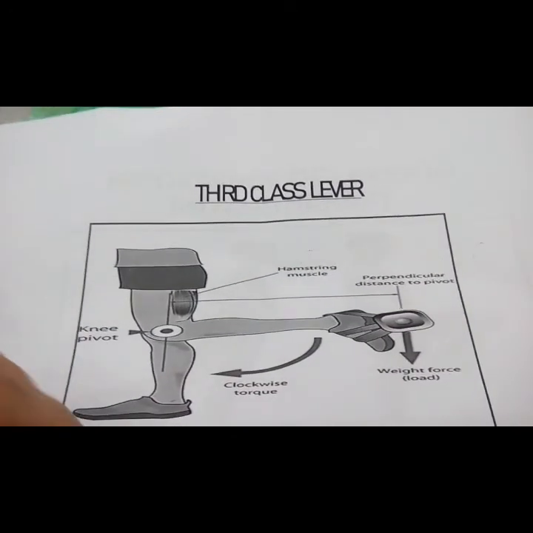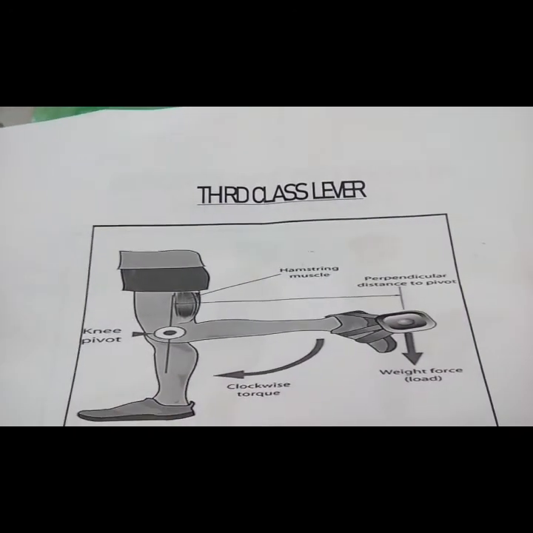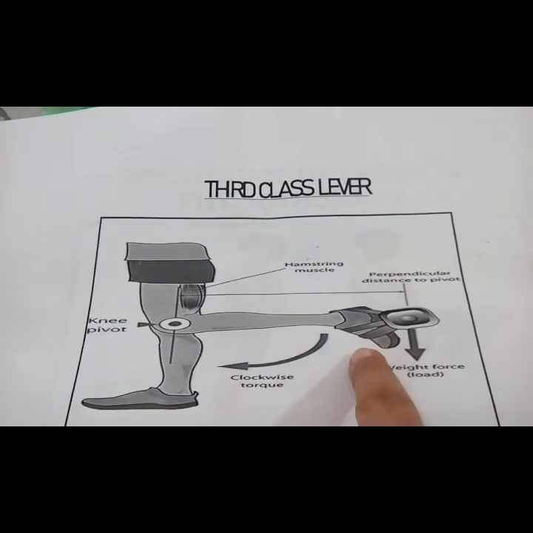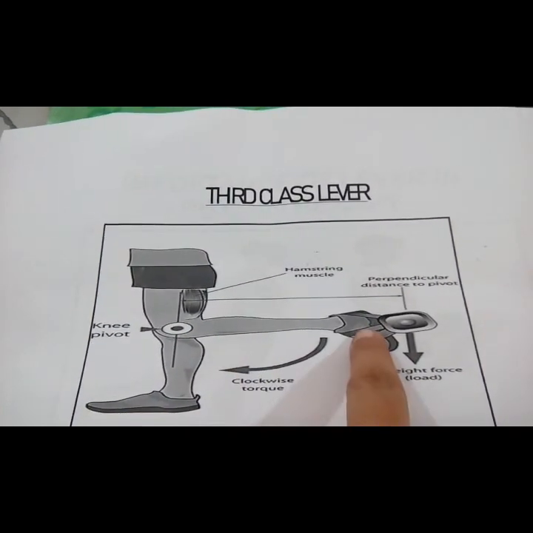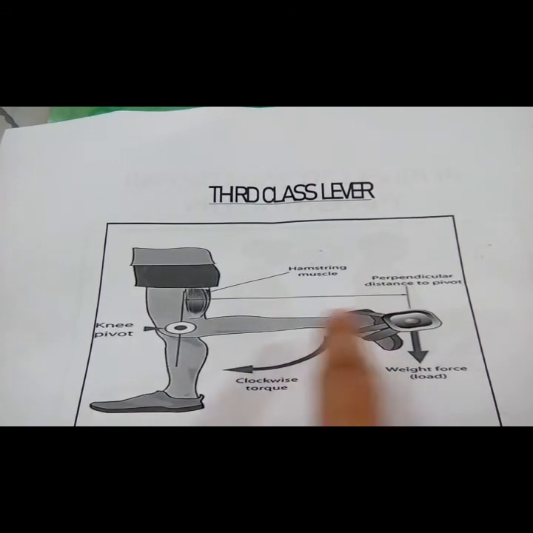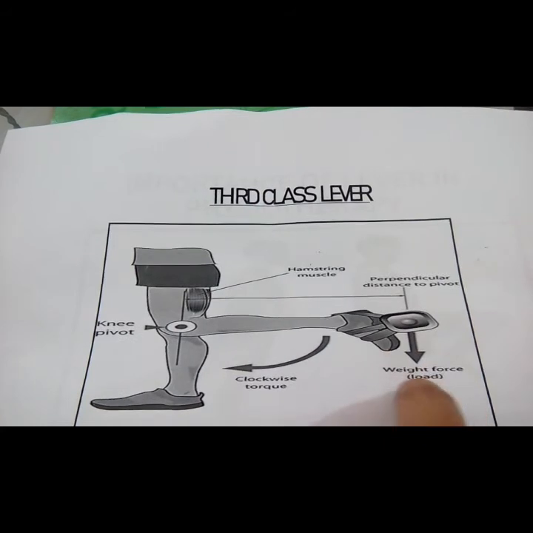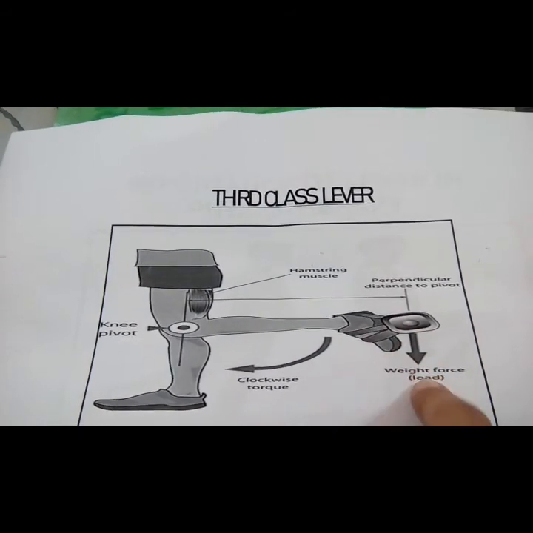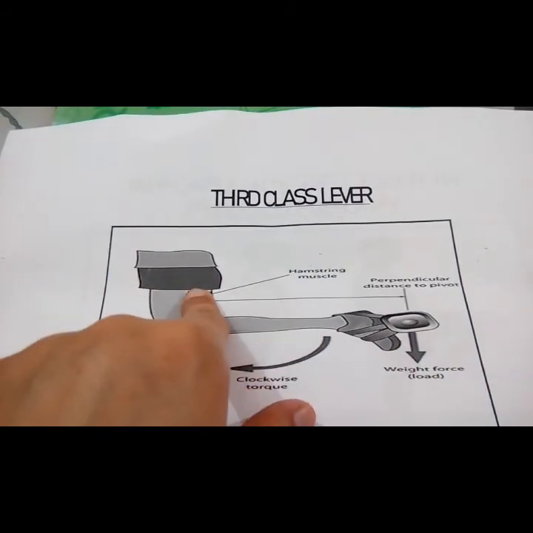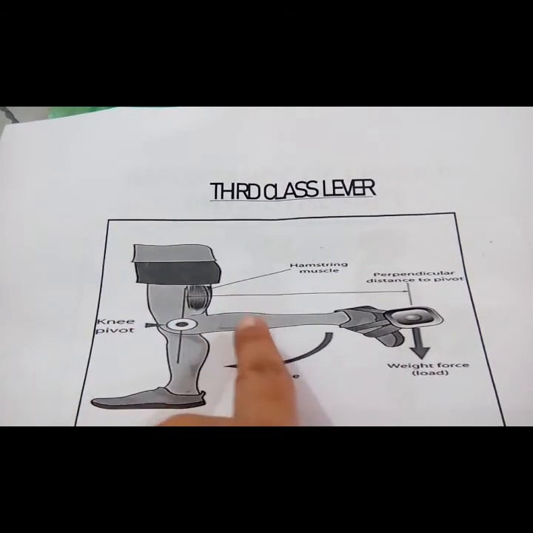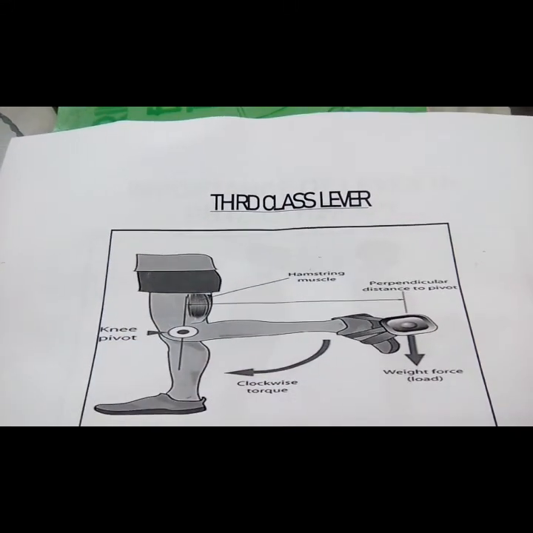Another example of a third class lever is knee flexion. In knee flexion, as you can see here, when the knee makes the movement in this direction, suppose with a 10-pound resistance, the hamstring muscle applies the force, the effort, and is pivoting on the knee joint.